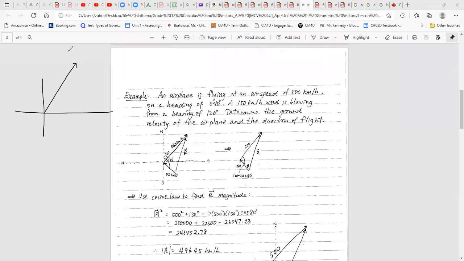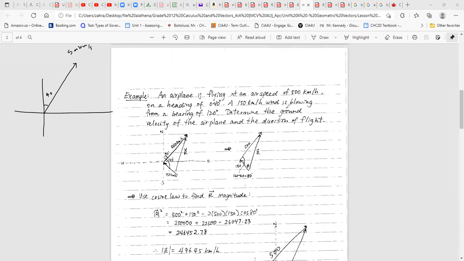So that is 500 km per hour. It has 40 degrees. So you start from north and you go clockwise. This is a bearing, or heading, of 40 degrees.